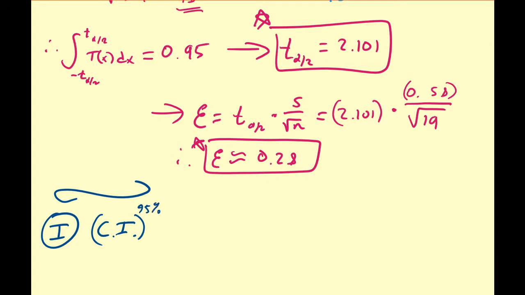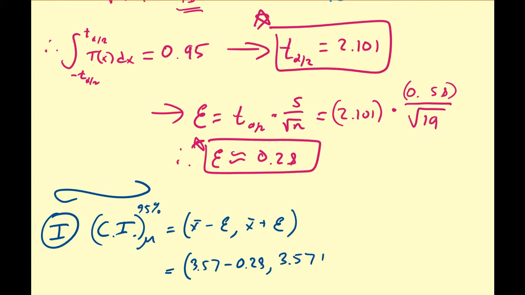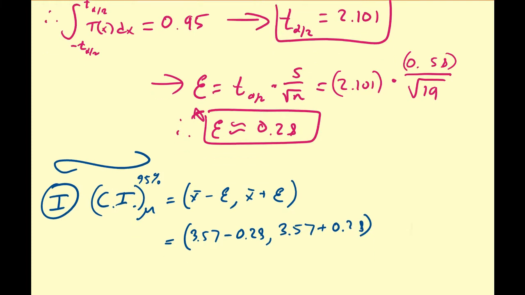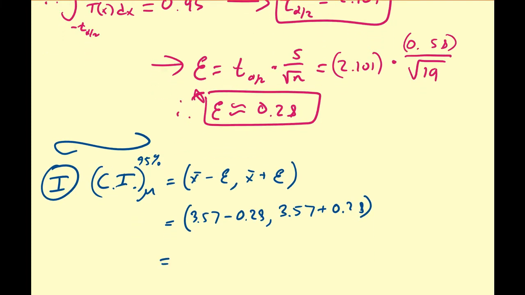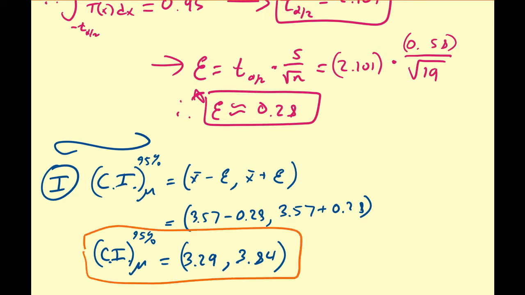So our 95% confidence interval for the population mean is going to be equal to x bar minus the margin of error and x bar plus the margin of error. That's 3.57 minus 0.28 and 3.57 plus 0.28, which comes out to 3.29 comma 3.84. So this is my confidence interval for my population mean under a level of confidence of 95%.